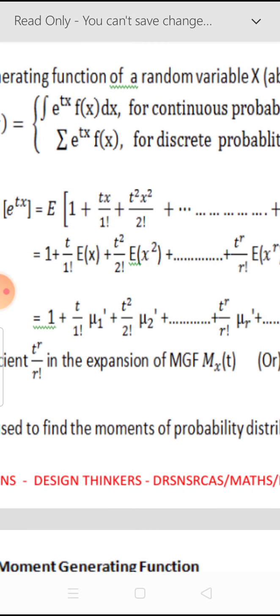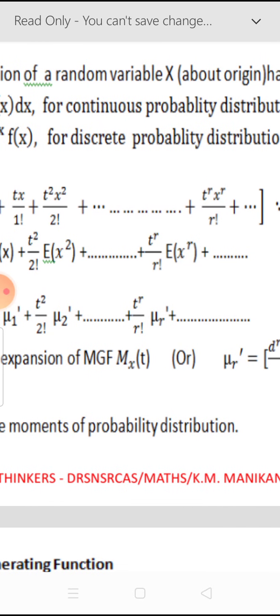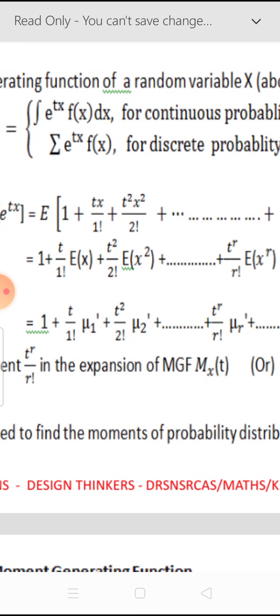Therefore the expectation of e power tx is equal to 1 plus tx by 1 factorial plus t square x square by 2 factorial, etc., up to t power r x power r by r factorial. Now we take the expectation individually for every term. So the expectation of 1 is 1.